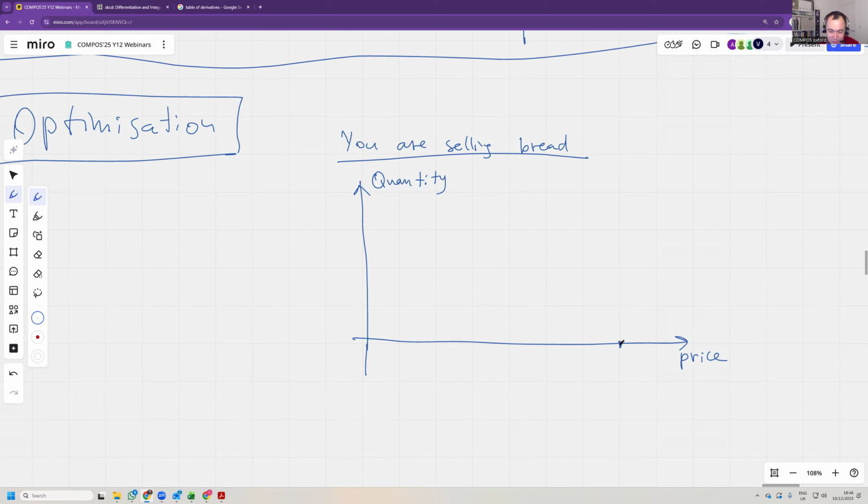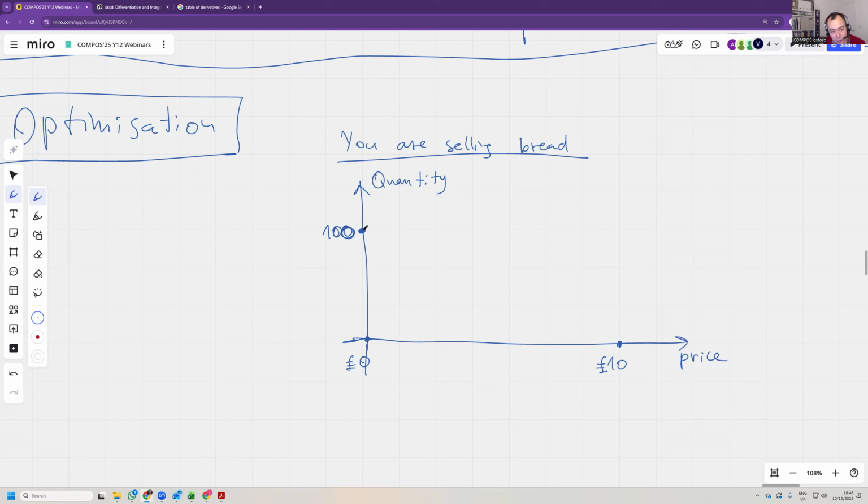So if your price of a loaf of bread is £10, you'll probably sell nothing. And if you can make 100 loaves of bread, then if your price is £0, you will sell 100 loaves of bread because that's how much you can bake.